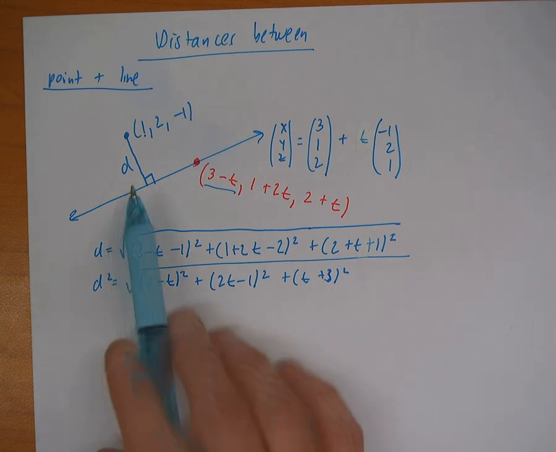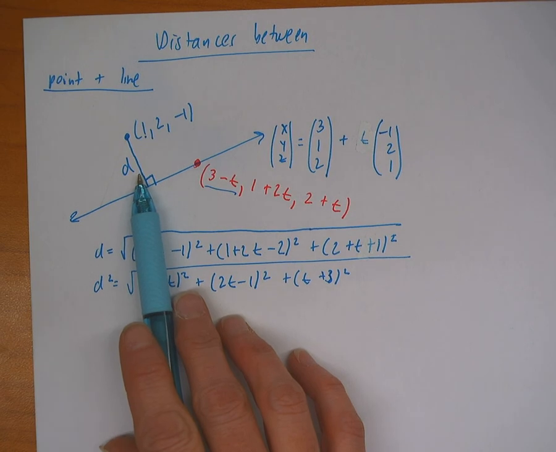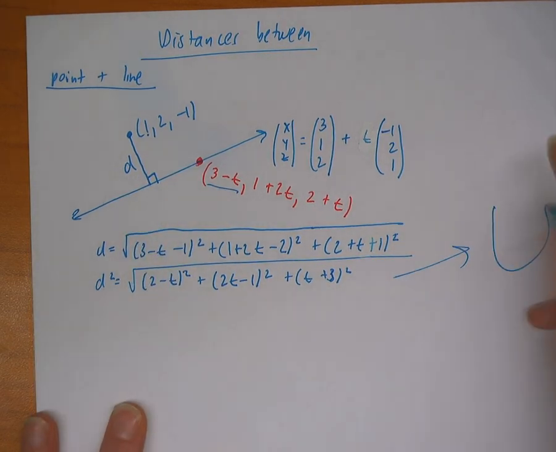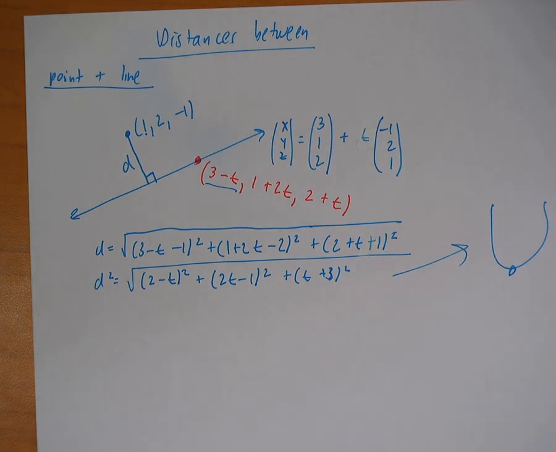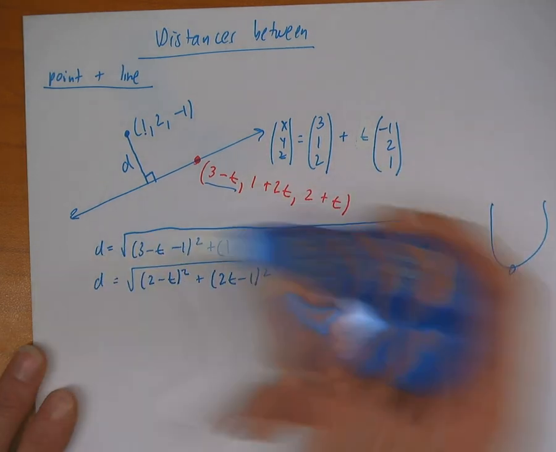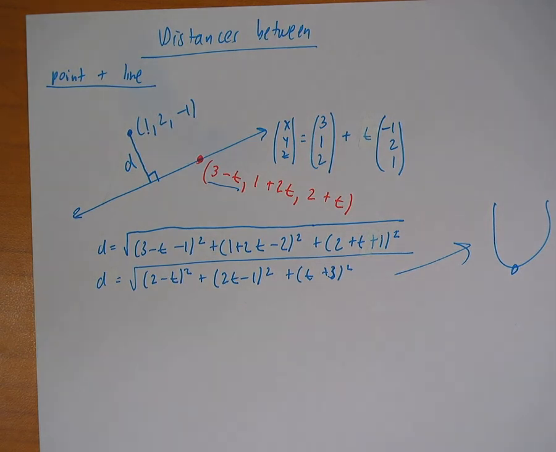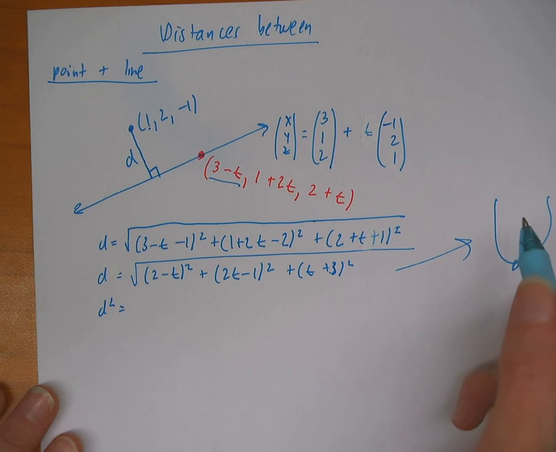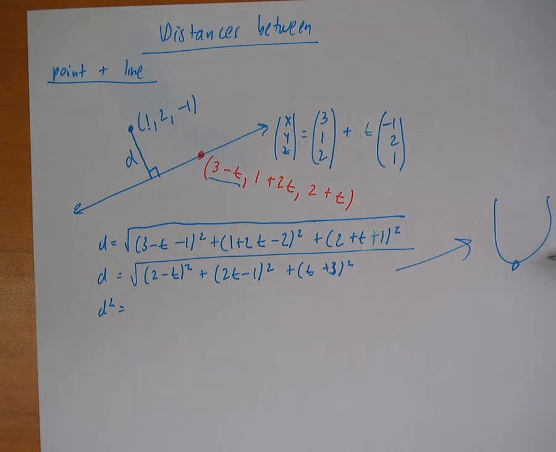And if we want the smallest distance between a point and a line, then that would be, if I graphed this, the minimum value. How do we find a minimum value? We take the derivative and set it equal to 0. But I actually am going to suggest that we don't take the derivative of d. I'm going to suggest that we take the derivative of d squared, which I accidentally prematurely wrote. Because if we do that, we'll end up with the same answer either way.